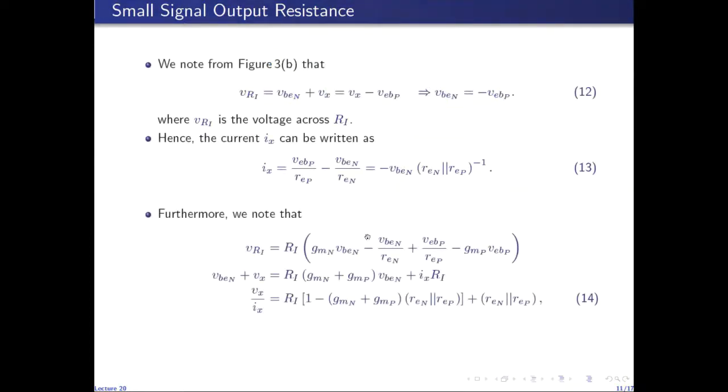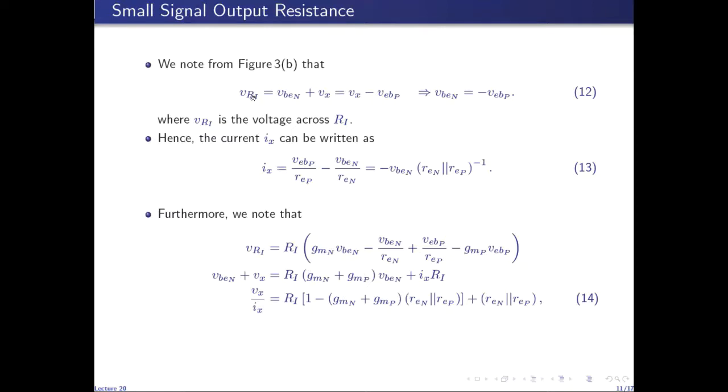So I can replace this minus VBEN over REN plus VEBP over REP with Ix. So this times Ri is IxRi, and I can use this expression again and write this as plus GMP VBEN, and then take VBEN common, and I'll be left with Ri times GMN plus GMP times VBEN.